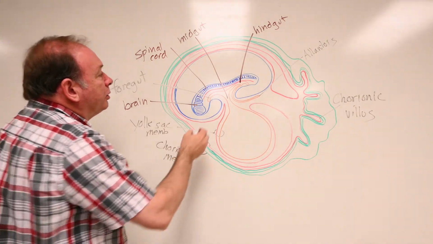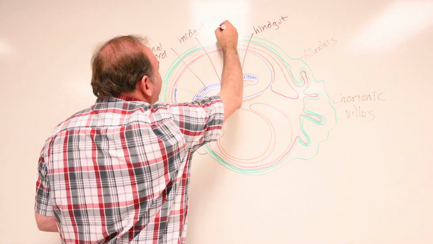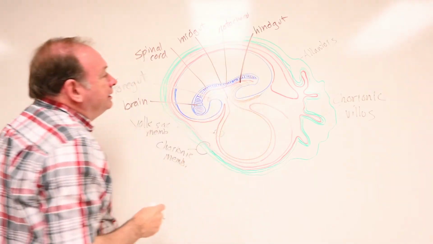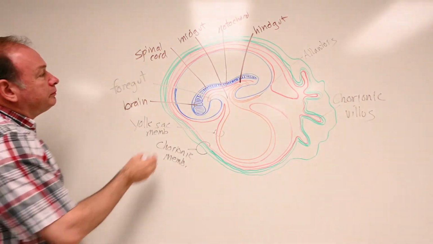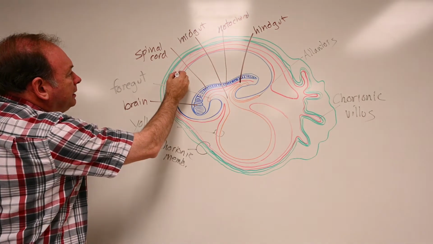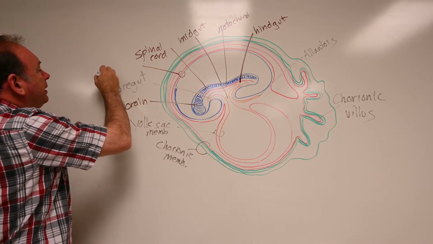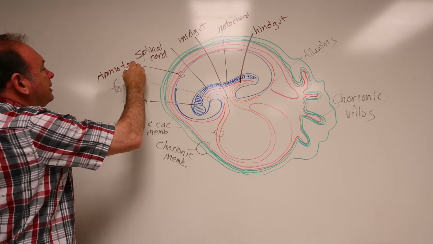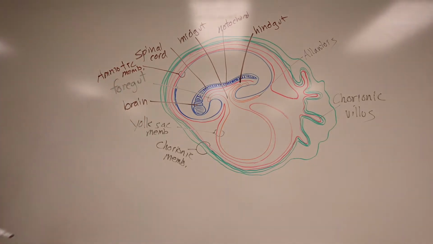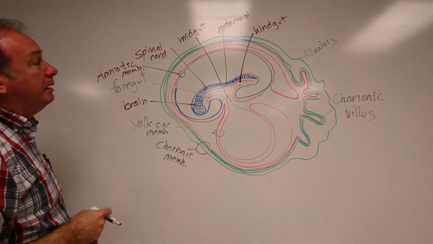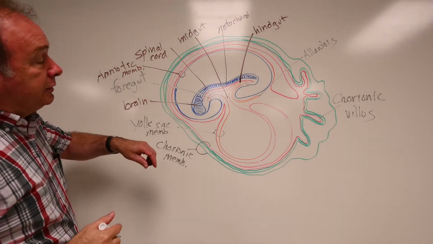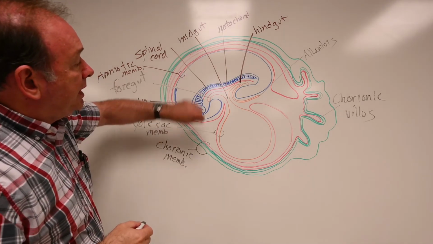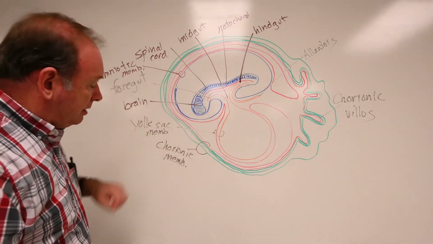There, we've got a notochord going through there. Amniotic membrane. So we won't label anything else here. We've got the amniotic cavity, obviously this space here. We've got the yolk sac cavity down here.